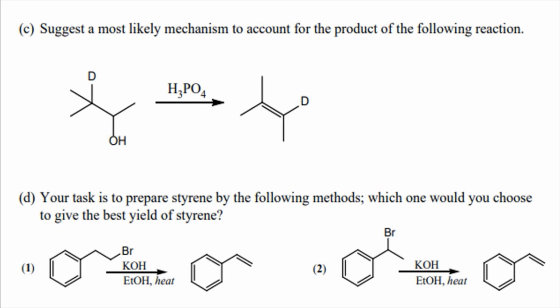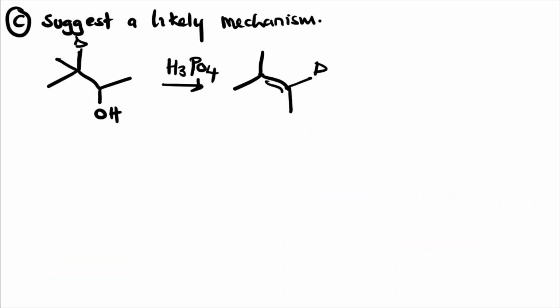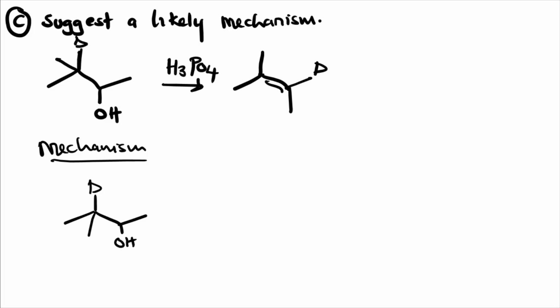Let's go to part C. Suggest a most likely mechanism to account for the product of the following reaction. So how do you think this reaction went in order to get this? All right, so now let's look at the mechanism. So the mechanism that happened here was that, so you have D here, like that.